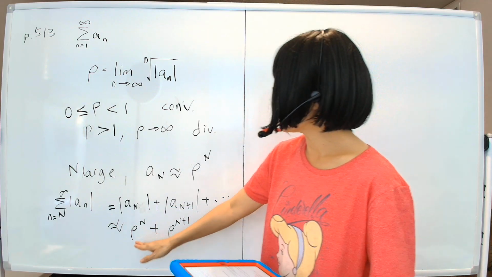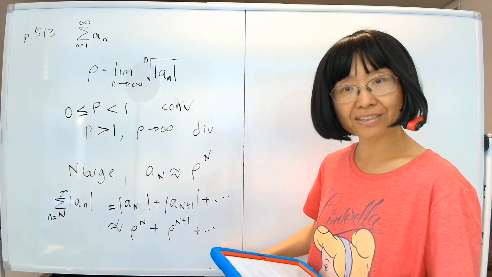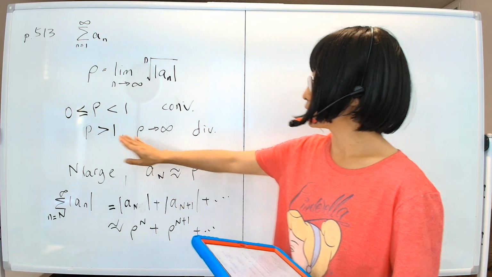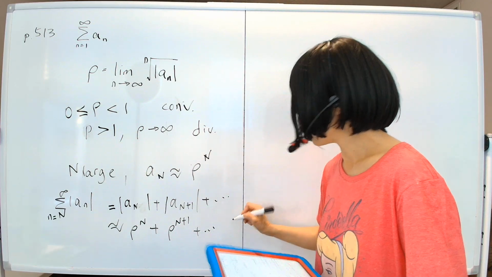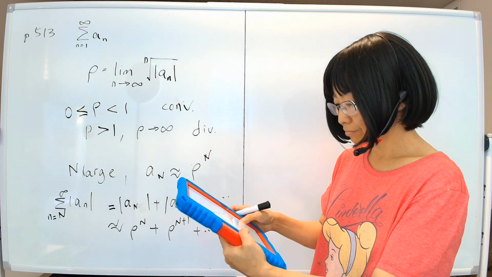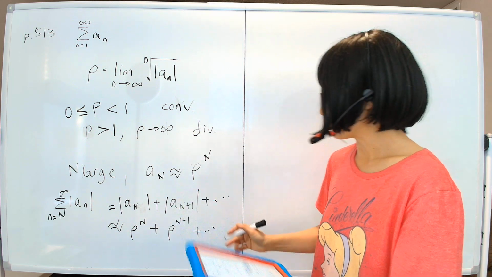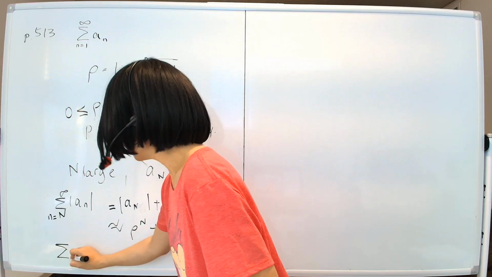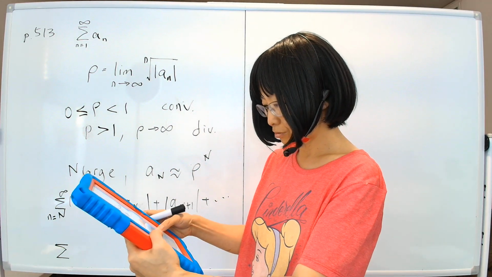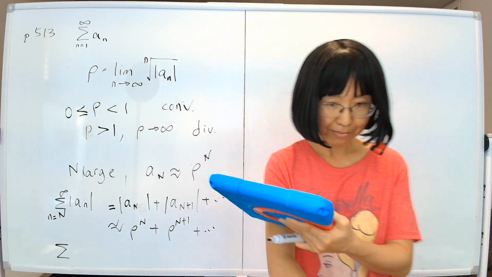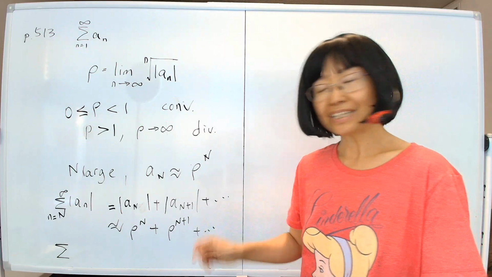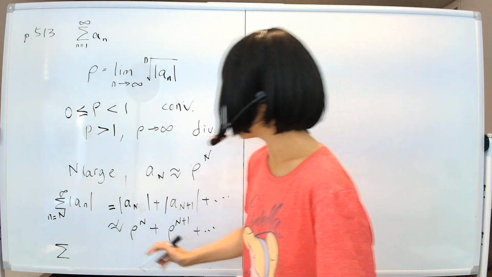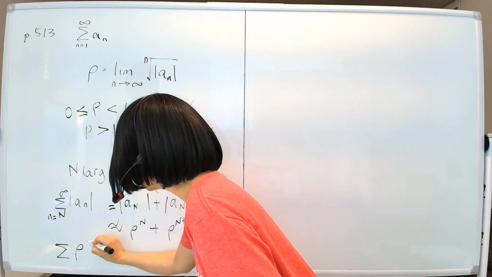Now this is just the geometric series, and the geometric series has a rule. Let's see. Okay, so compare this thing to the geometric series. Right, it is the geometric series. So we have the rule that says this is just rho to the power n.